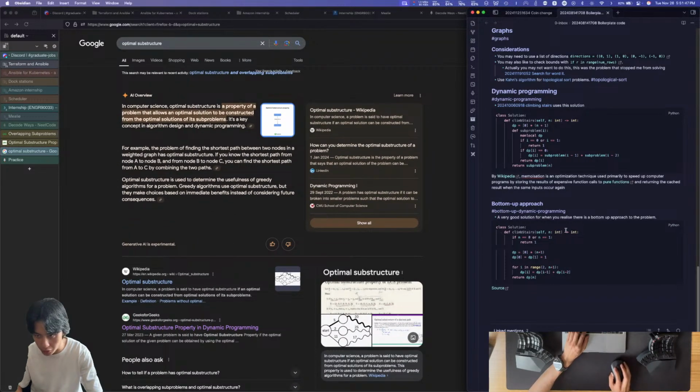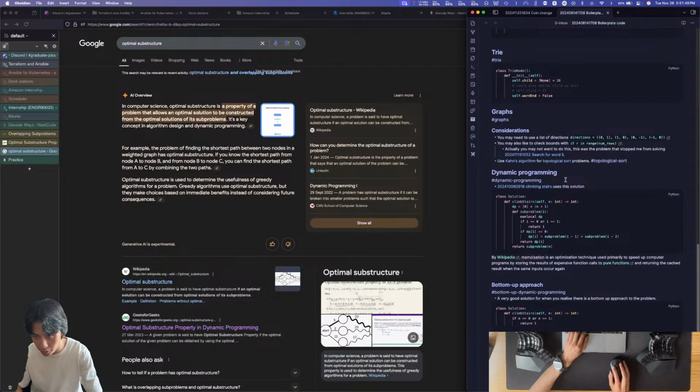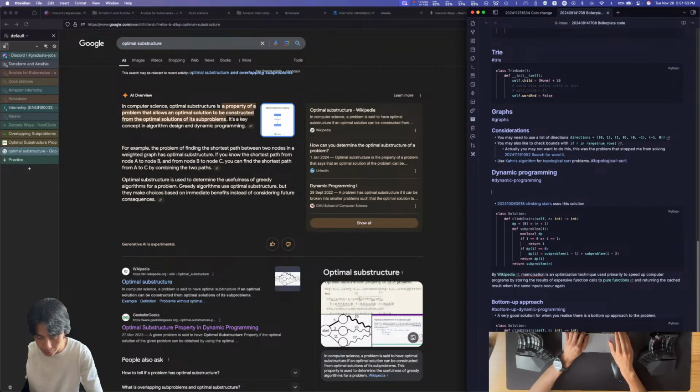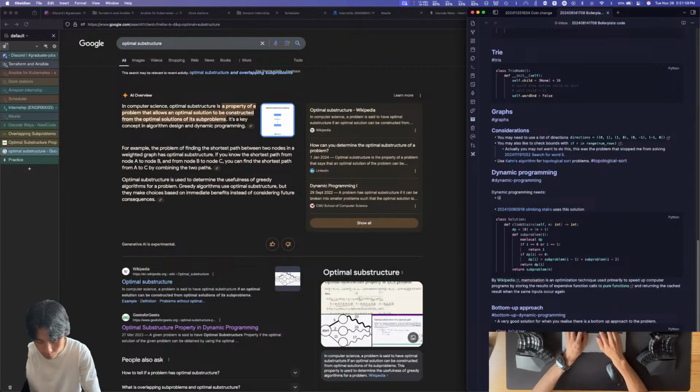Let me write about optimal substructure. Overlapping subproblems.